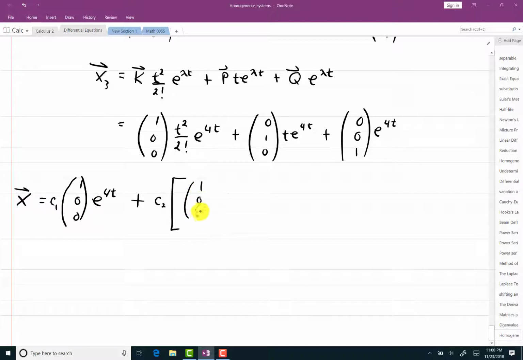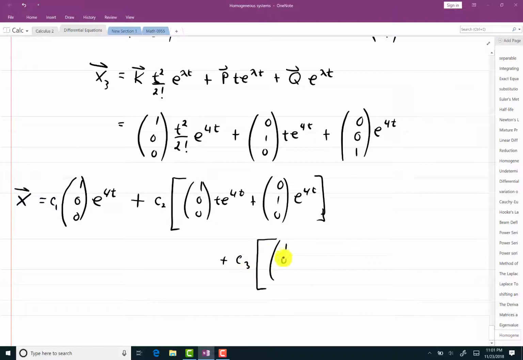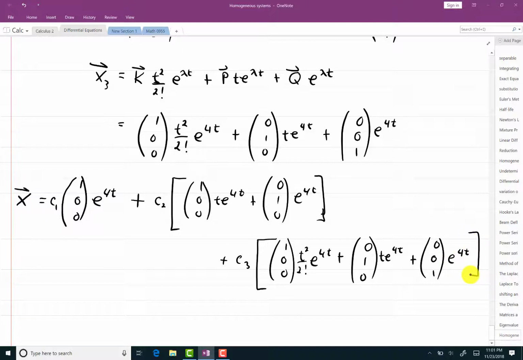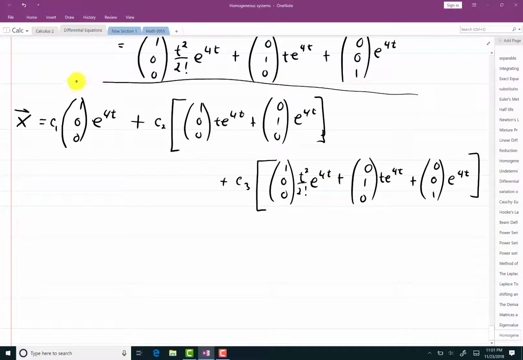Here I had 1, 0, 0, t e to the 4t, plus 0, 1, 0, e to the 4t, plus c3, 1, 0, 0, times t squared over 2 factorial e to the 4t, plus then the vector p, 0, 1, 0, t e to the 4t, and then finally q comes into play, 0, 0, 1, e to the 4t. And there is our entire solution.